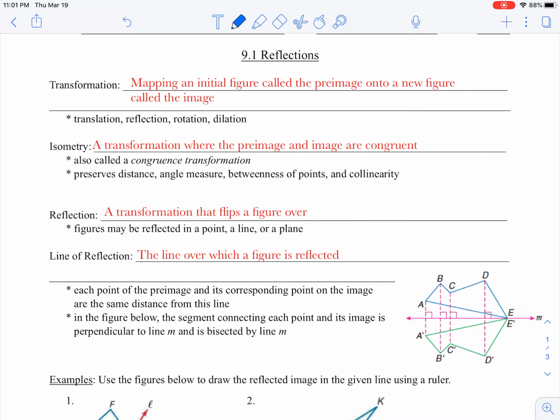We're going to study 4 transformations in this chapter: translations, reflections, rotations, and dilations. Of those 4 transformations, 3 of them are something called an isometry. An isometry is a transformation where the pre-image before and image after are congruent.